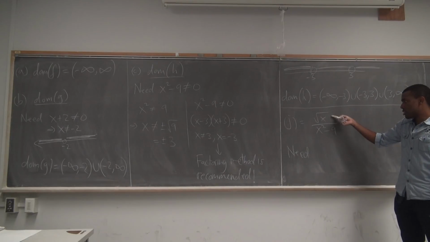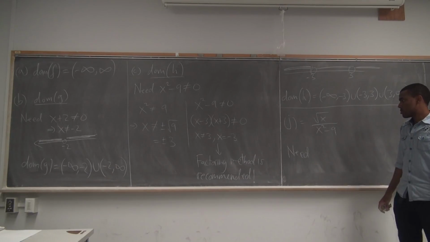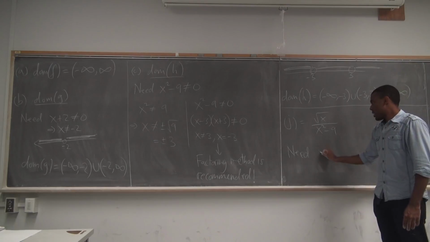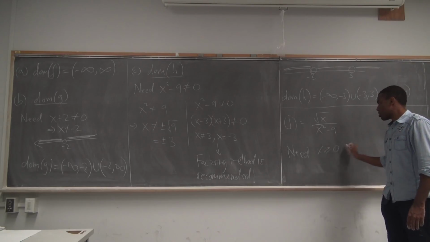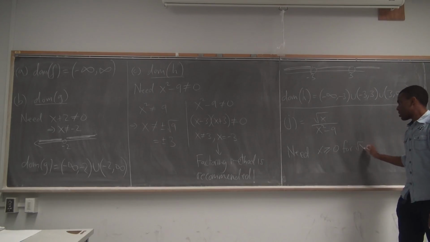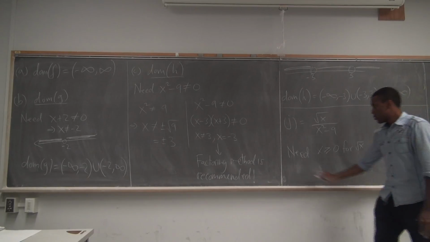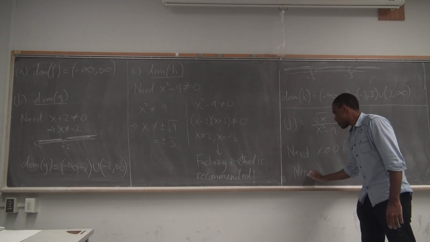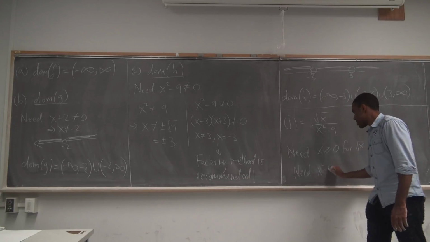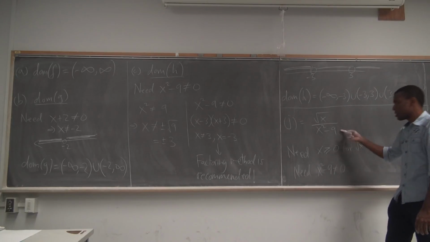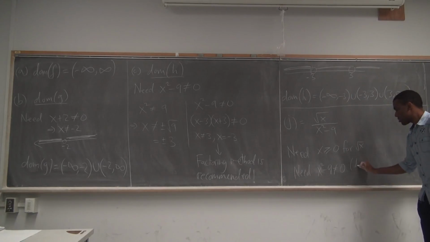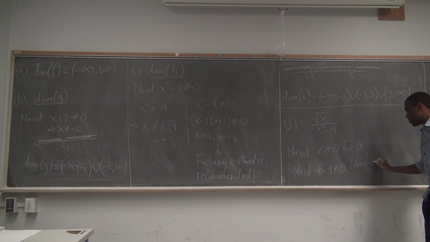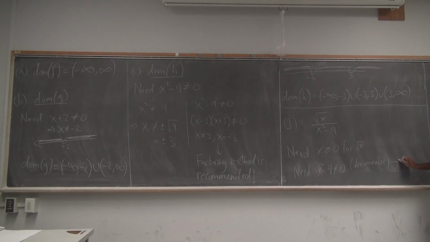What's the restriction there? X must be greater than or equal to 0 for the radical x part. We also need x squared minus 9 to not be 0 because it's in the denominator. Same as the last time, so we know that our x cannot be plus or minus 3.